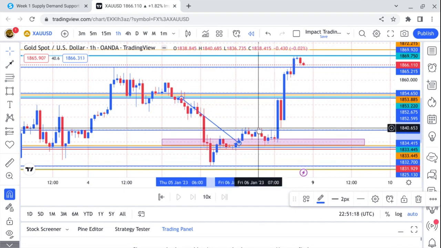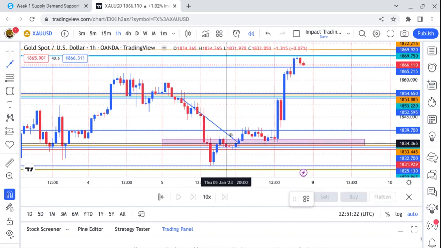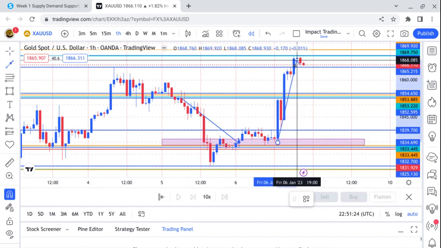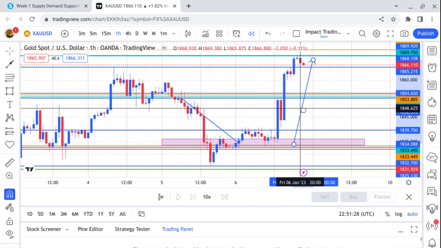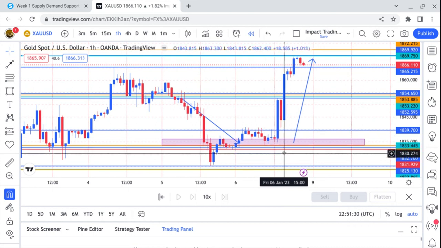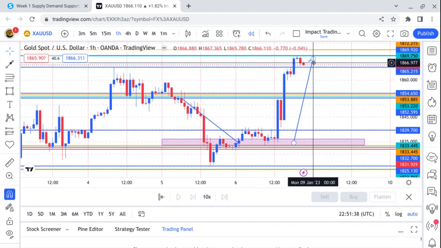Price came back to a support area. Now we know this is a supply and demand support and resistance area because what did price do? There was a distribution here. A distribution here. That's how you know.